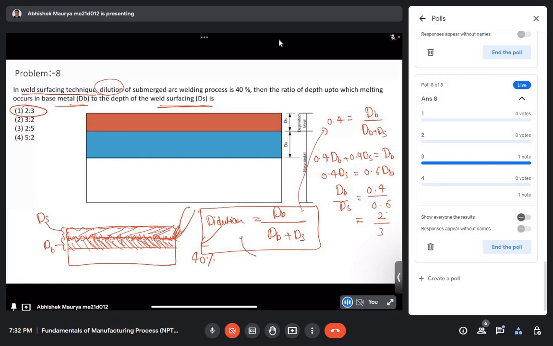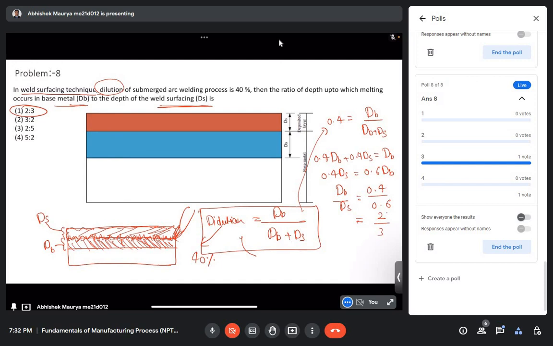It may be numerical, fill in the blanks, or multiple choice. Be open to any kind of pattern. It might be possible that this time you get 24 questions just from multiple choice or fill in the blanks. Anything can be possible, and you will only know on the day of the examination. So please be open for that and prepare well.